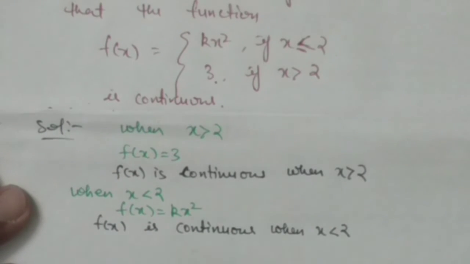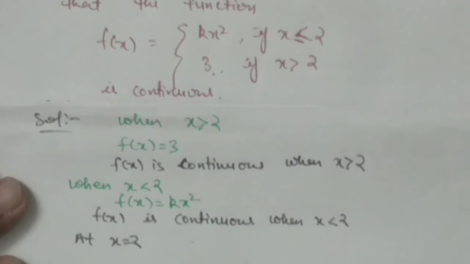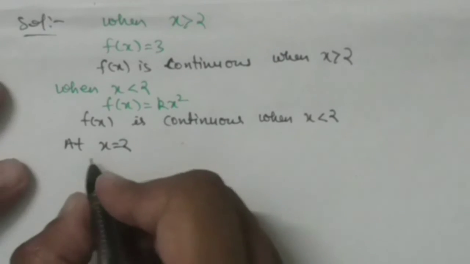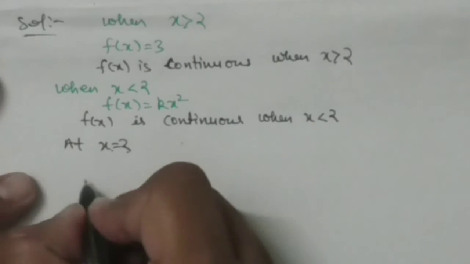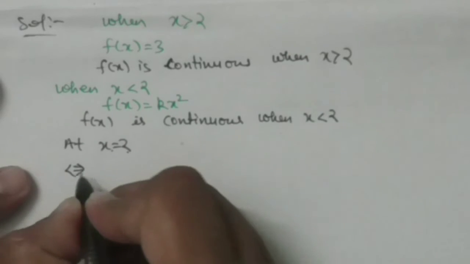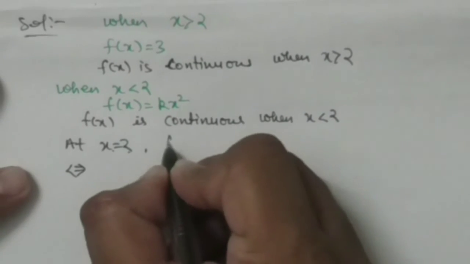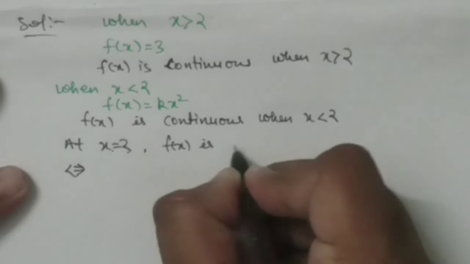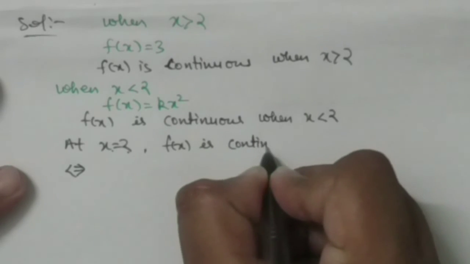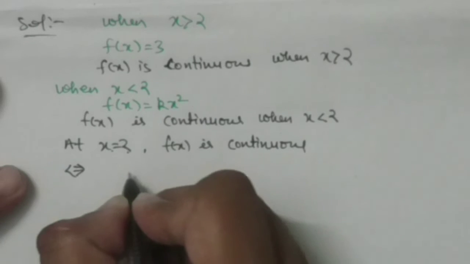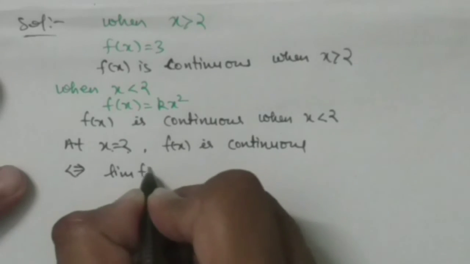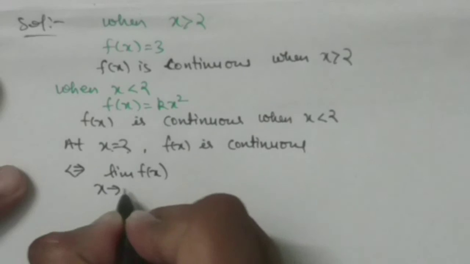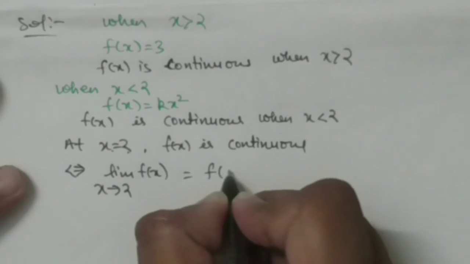Now let us see the continuity of this function f(x) at x is equal to 2. So this function f(x) will be continuous at x is equal to 2 if and only if limit of f(x) as x tends to 2 is equal to f(2).